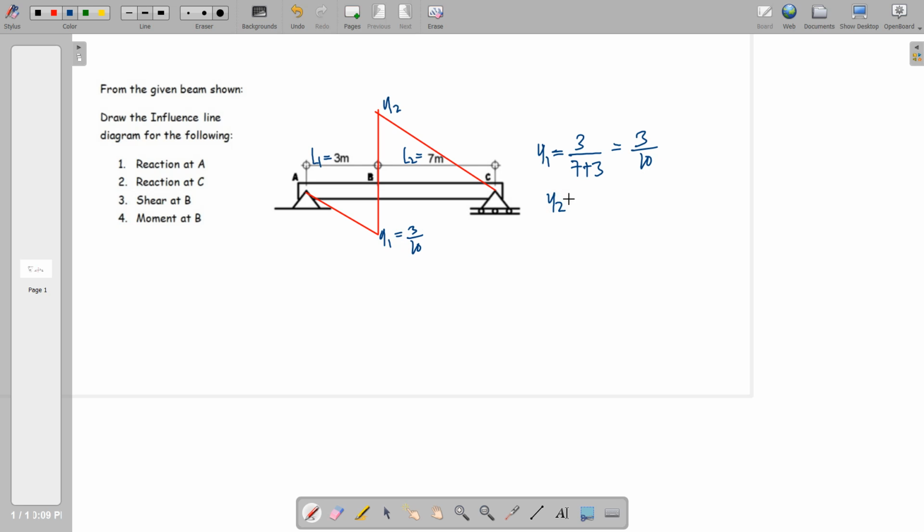And for Y2, this is simply equal to 7 over 7 plus 3, which is 7 over 10. For the shear at that point, the absolute value of Y1 plus Y2 will be equal to 1. And as we can see, Y1 and Y2 yield a sum of 1. So that is for the shear at B.